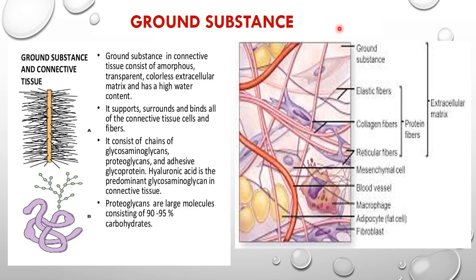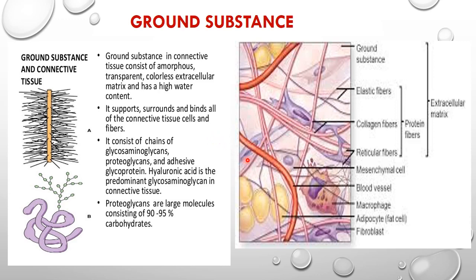Now, the ground substance, which is one of the basic components of the connective tissue, consists of an amorphous, transparent, colorless extracellular matrix, and it has a high water content. It supports, surrounds, and binds all of the connective tissue cells and the fibers.